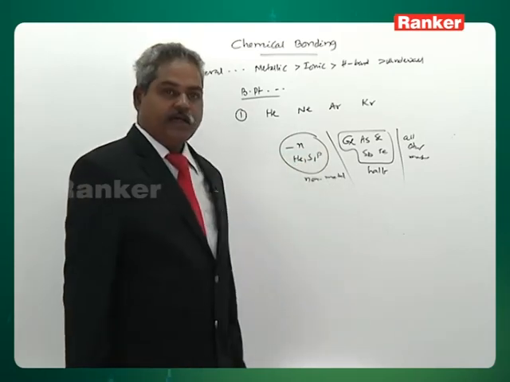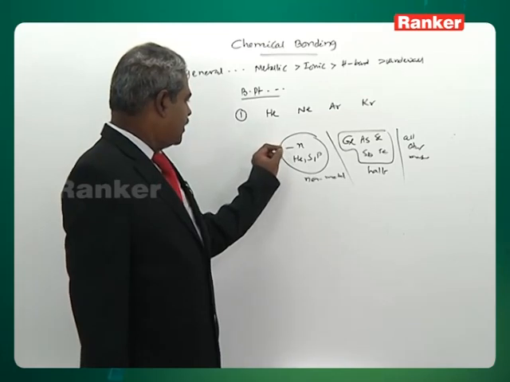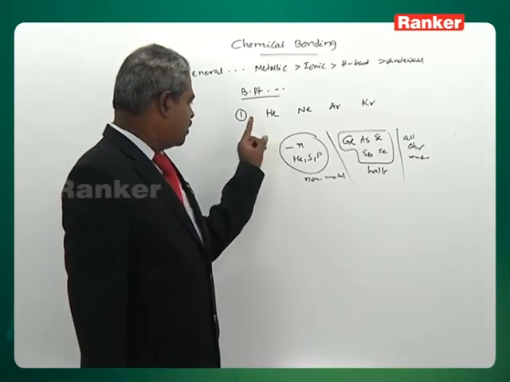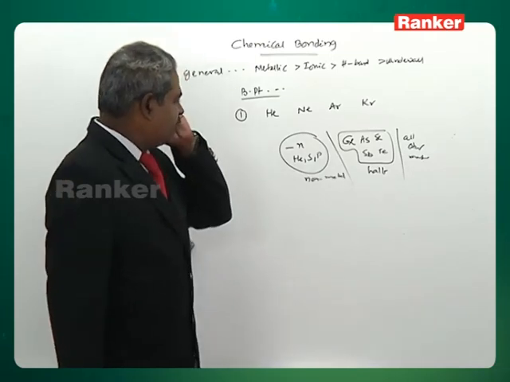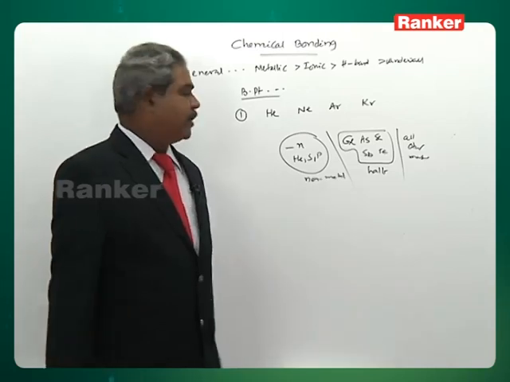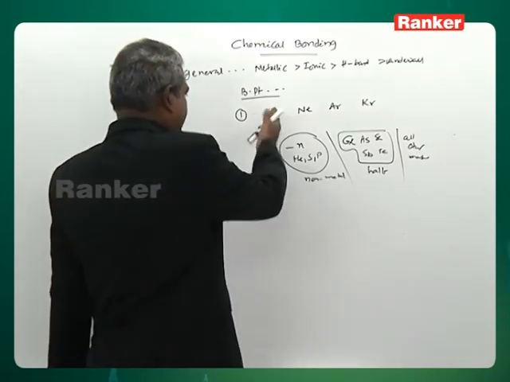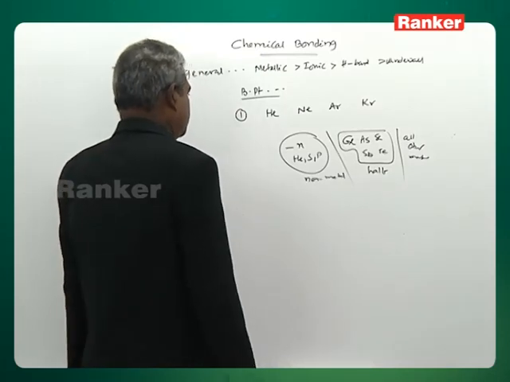Except these three, all non-metals have N. So all non-metals, all names ending in the sound N, are non-metals. Germanium, arsenic, antimony, selenium, tellurium, half metals, and all others are metals, as simple as that. So, if I ask you, are they metals? No, they are non-metals.